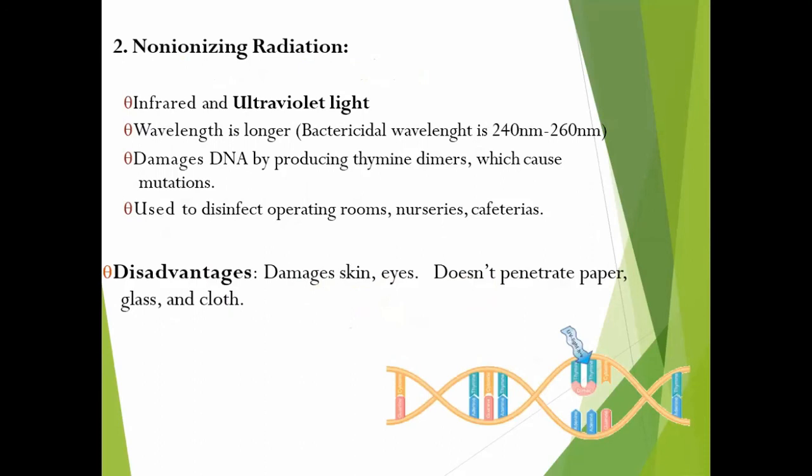It is used to disinfect operation rooms, nurseries, and cafeterias. The disadvantages are that it damages the skin and eyes, and it cannot penetrate paper, glass, and clothes. So non-ionizing radiation, ultraviolet light or infrared light, is used to disinfect operation rooms, nurseries, and cafeterias, and the major disadvantage is damage to the skin and eyes.